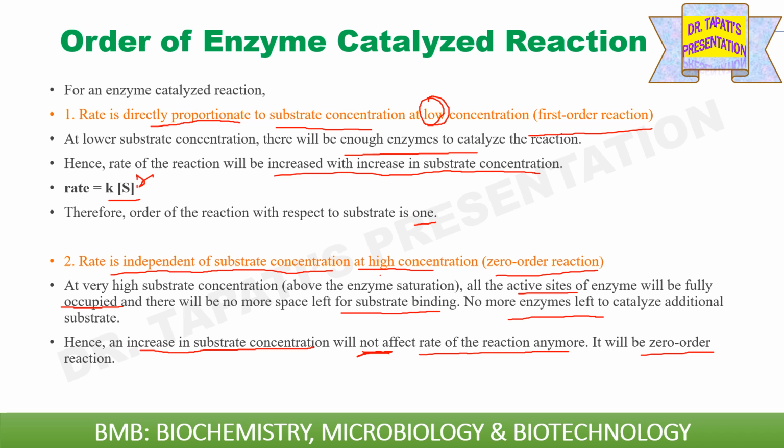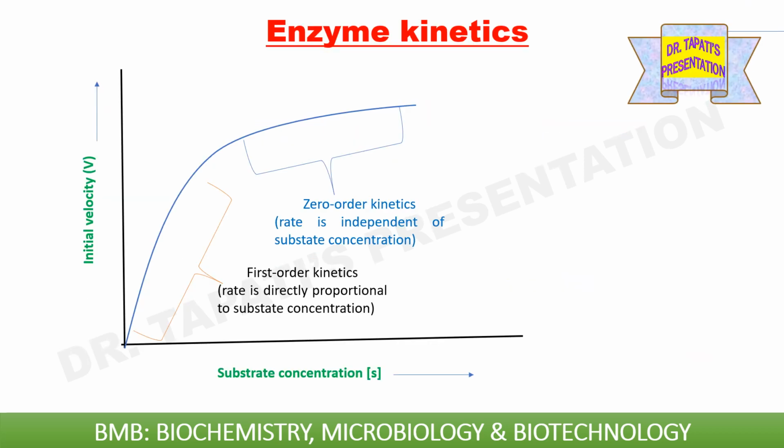So, at a lower concentration of substrate, it is first order. At higher concentration of substrate above the enzyme saturation, reaction order will be 0. If we plot initial velocity of an enzyme catalyzed reaction versus substrate concentration, we will find this type of graph.